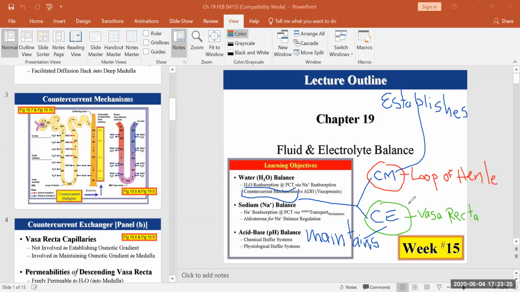And if you get close to the renal pelvis, the tip of the renal pyramid, then you're topping at 1400 milliosmoles. Okay. And that gradient requires the interplay between the countercurrent multiplier and the countercurrent exchanger. And together they are known as a countercurrent mechanism. And we'll explain why we call it countercurrent.